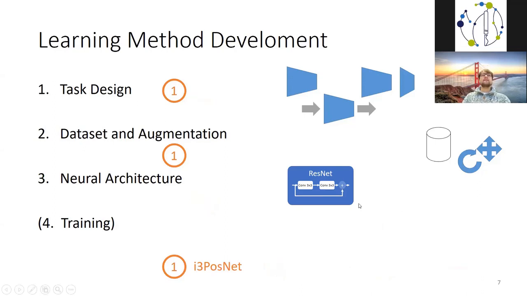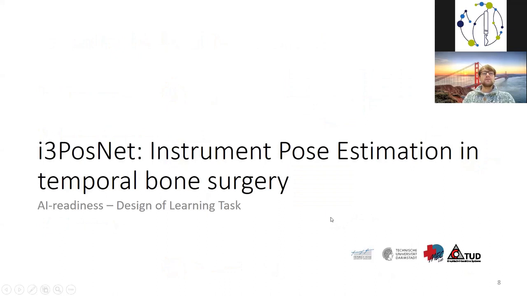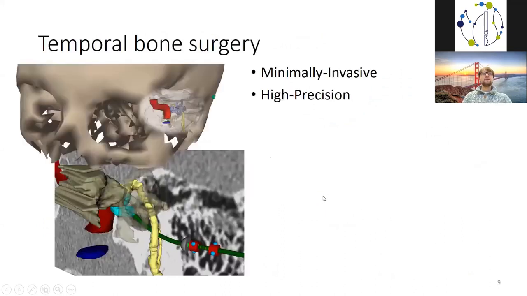With that introduced, I want to start showing our i3POSNet work. Generally, I've said that we're doing instrument pose estimation, but for which kind of problem are we doing instrument pose estimation?